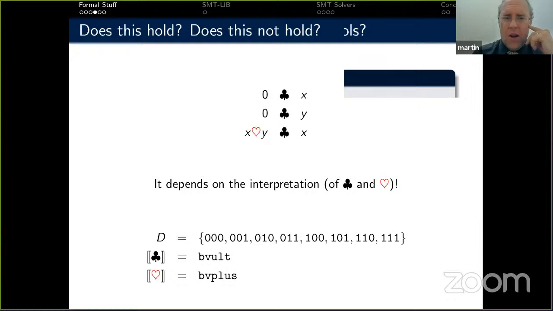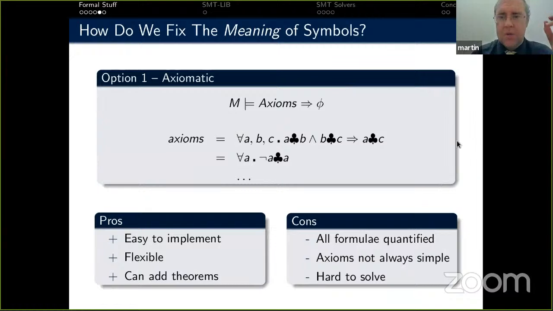So what we really want is to be able to fix the meaning of some symbols. There are two kinds of approaches to doing this. One is a syntactic approach, option 1, and one is a semantic approach. So approach 1, axiomatic.